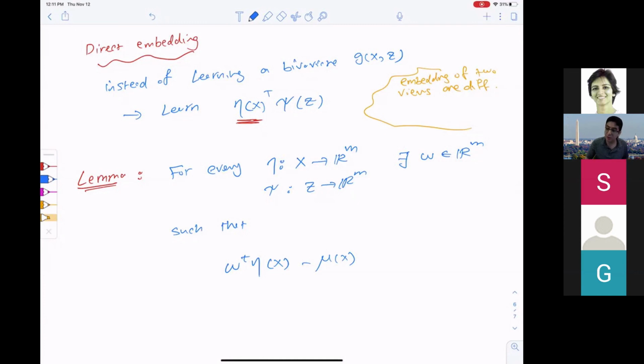That's mu of x, the best predictor that I have.